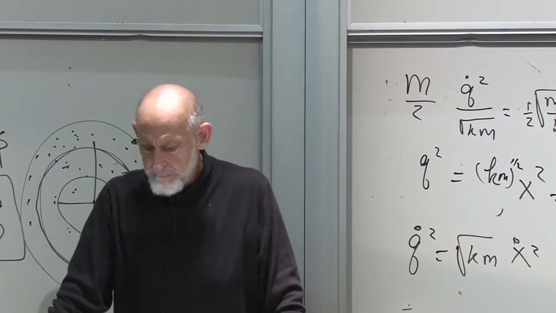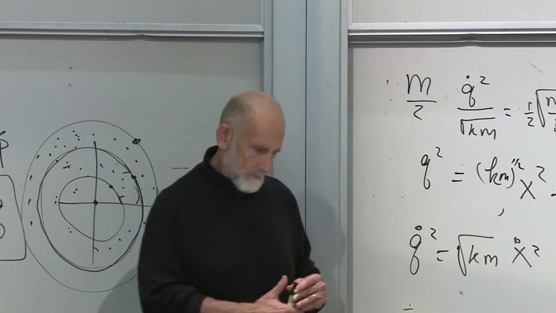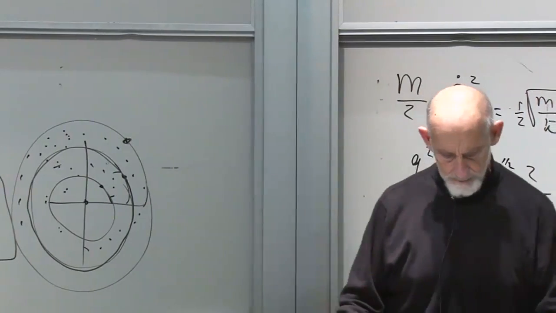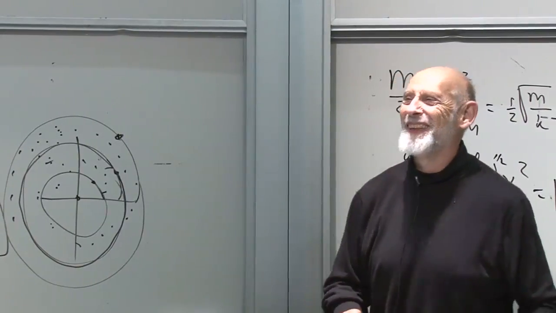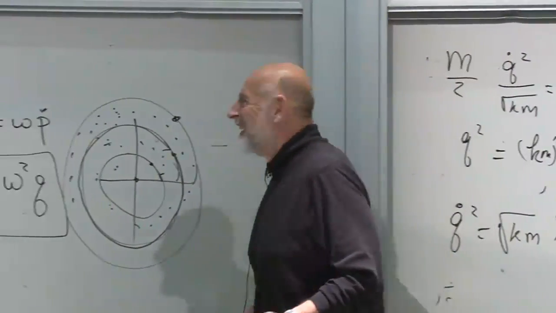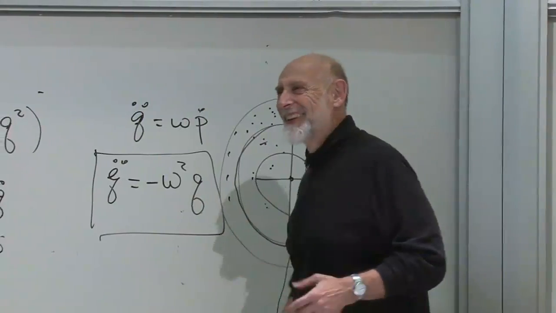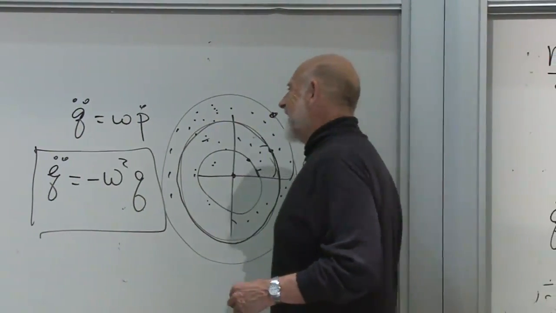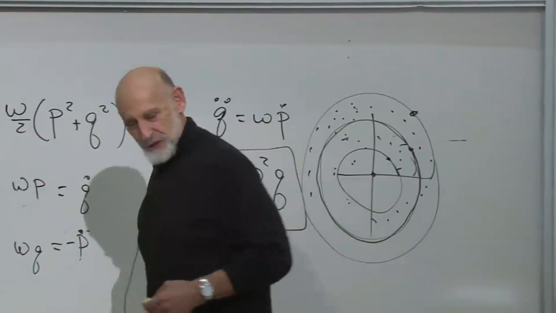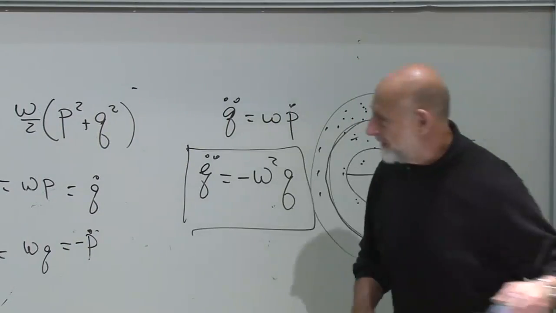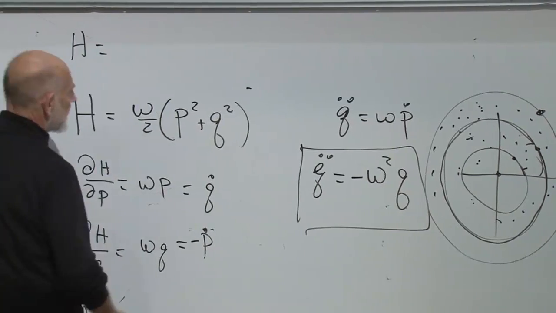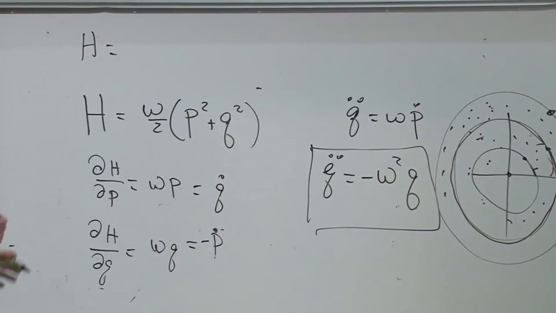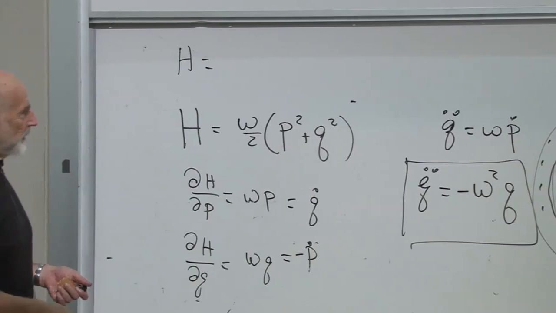So if you use x and p, then I would have had to draw ellipses. That, of course, is exactly right. What I would have gotten for H would have been not this P and this Q, but the ordinary P and the ordinary x.